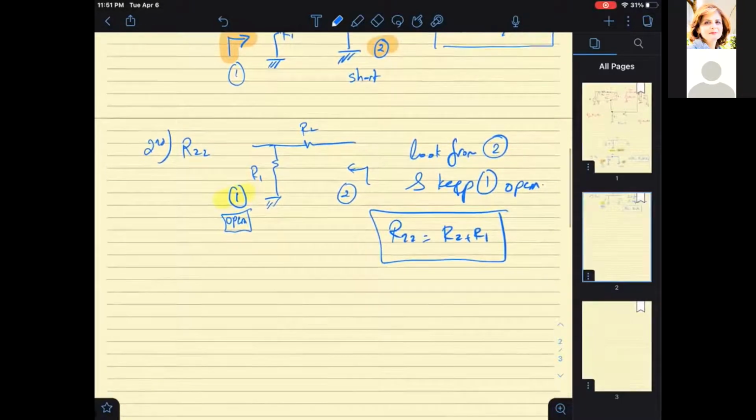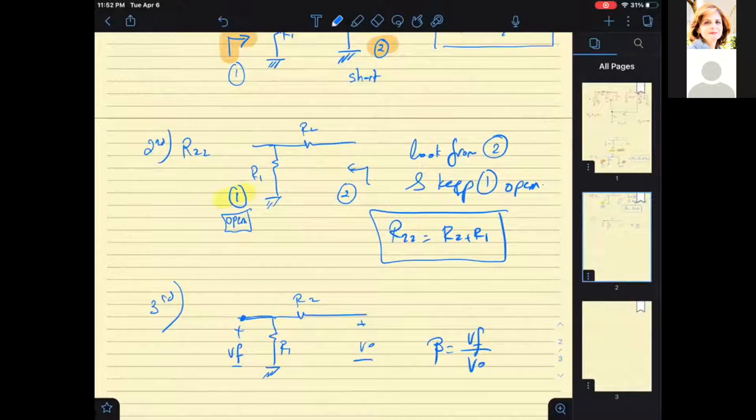Now the third quantity that I can obtain from the beta block is as follows. I have R2, I have R1, I need to find the value beta. I have here plus minus VO and I have here plus minus VF. And this is the node that connects to the circuit. And so beta is equal to VF over VO with port 1 open, meaning left as is.